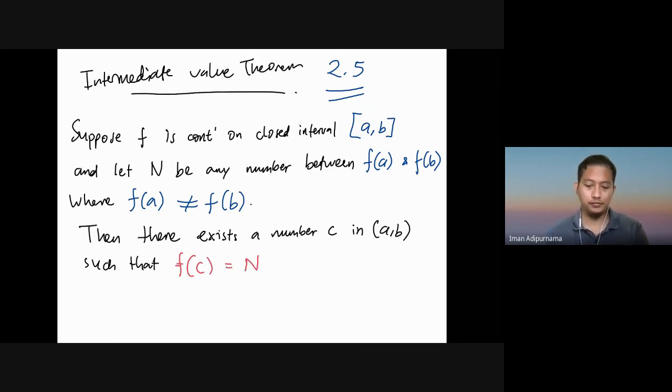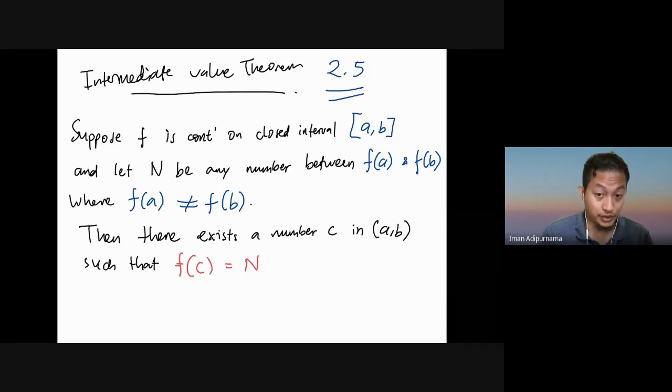All right, it has some words here, but I hope you get the idea. So suppose the function f is continuous on the closed interval from a to b, and let n be any number between f of a and f of b, where f of a is not equal to f of b.